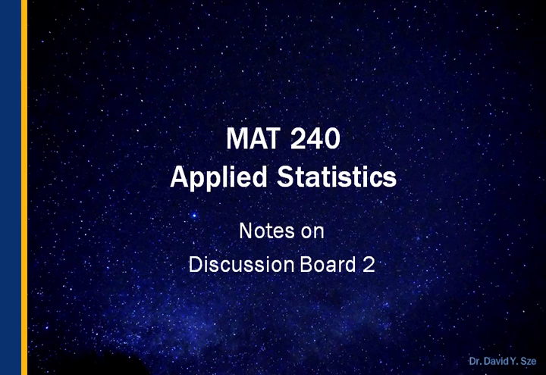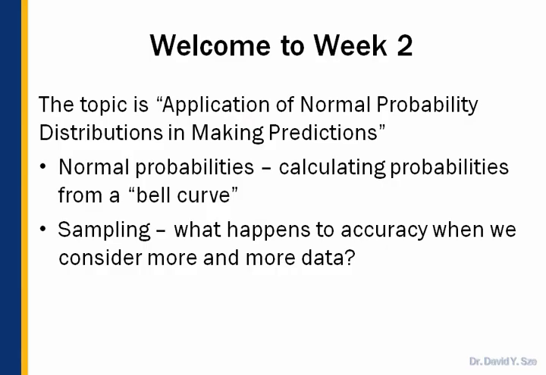These are some notes on the discussion board in Module 2 of Math 240, Applied Statistics. The topic in this module is application of normal probability distributions in making predictions.